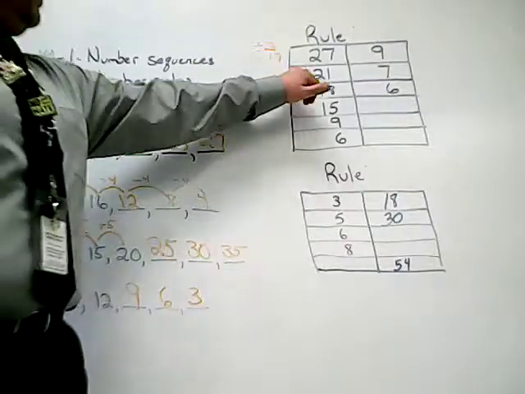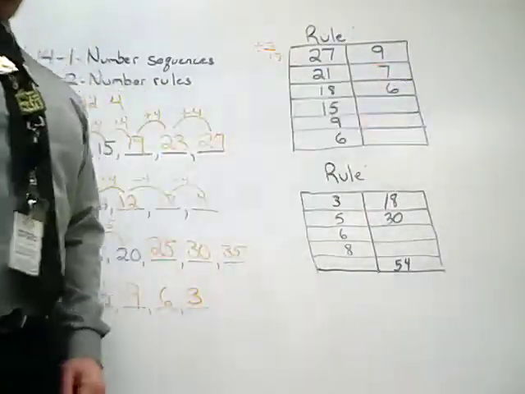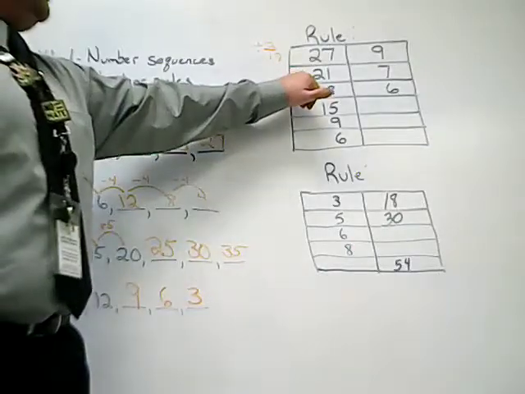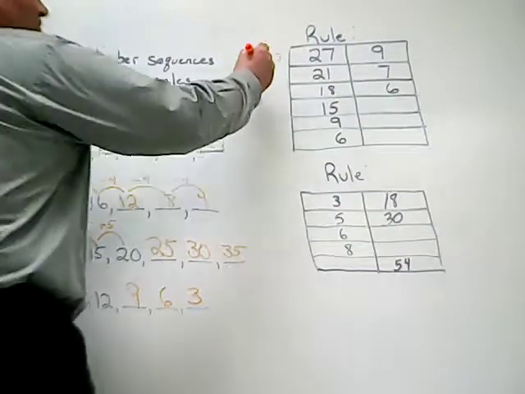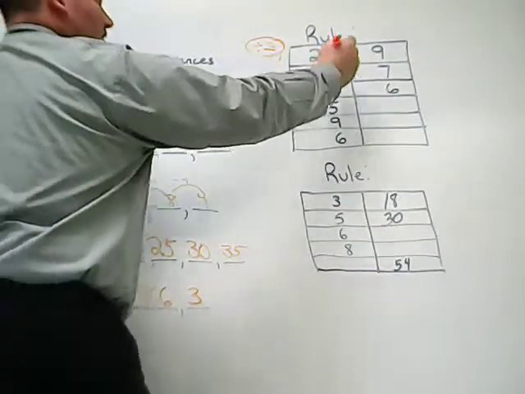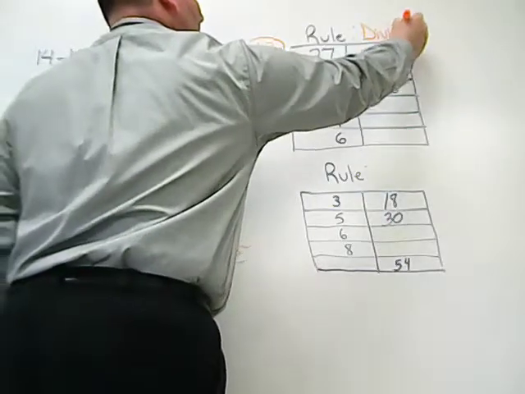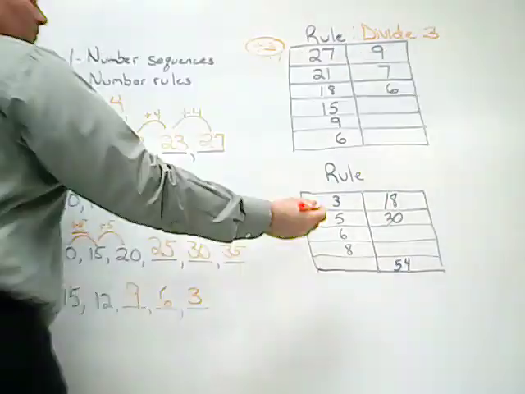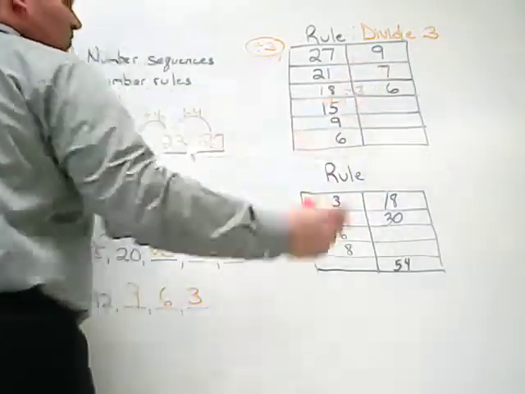Well, 21 minus 18 is not 7. However, 21 divided by 3 is 7. So now I found my rule to be divide by 3. 18 divided by 3 equals 6.